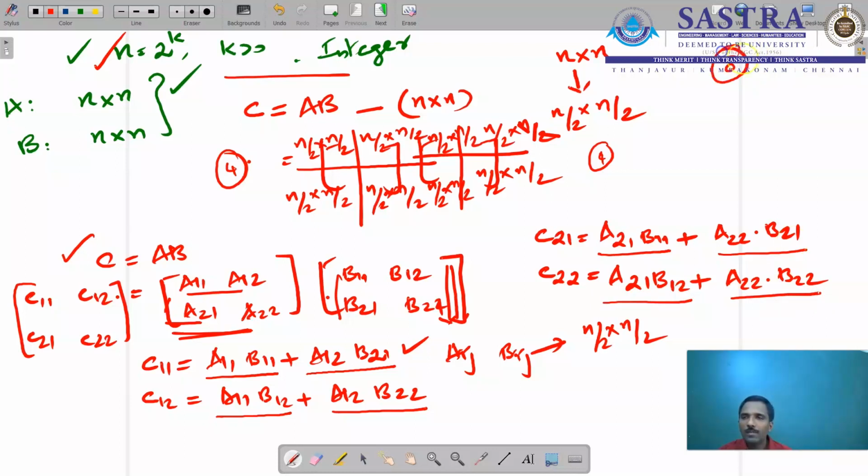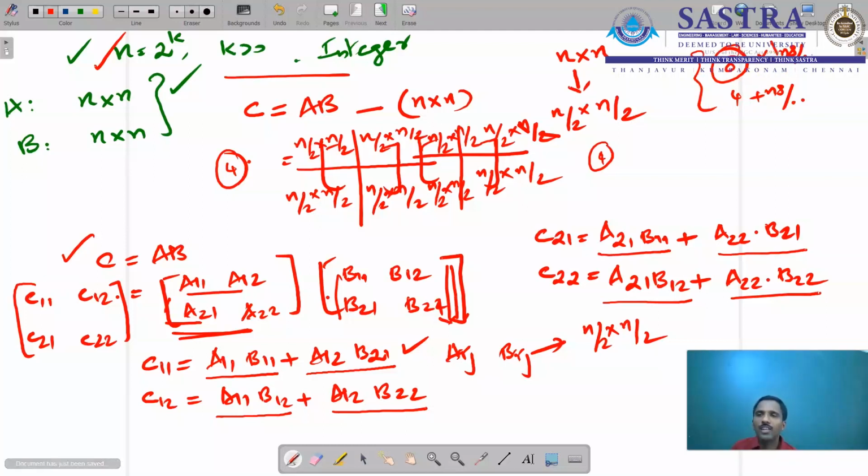So clearly 8 multiplications and 4 additions are performed here.